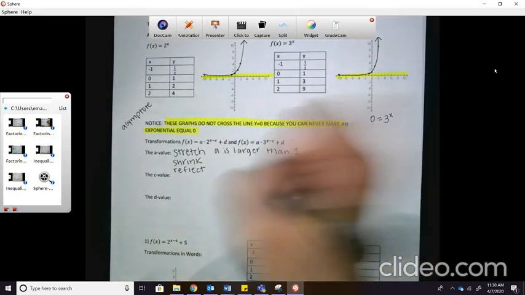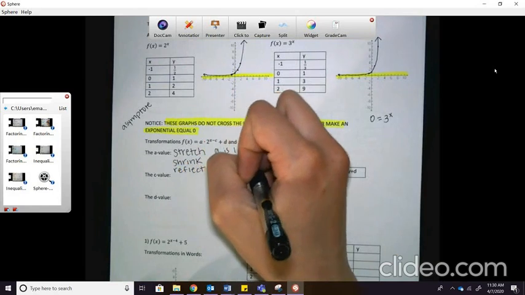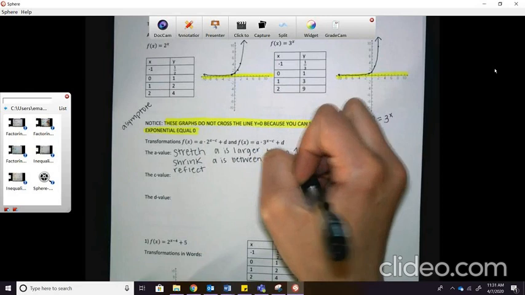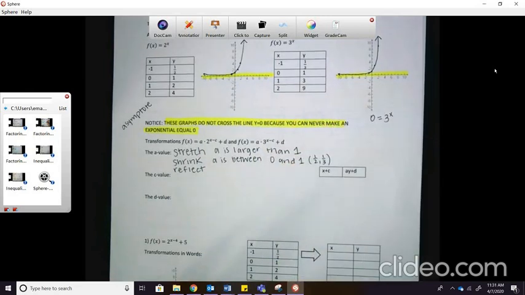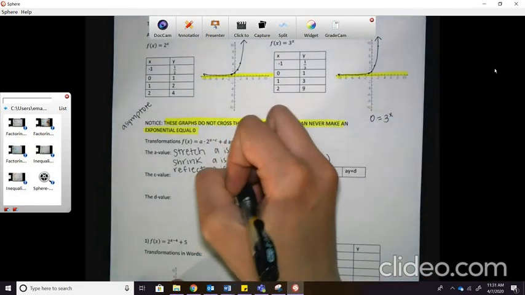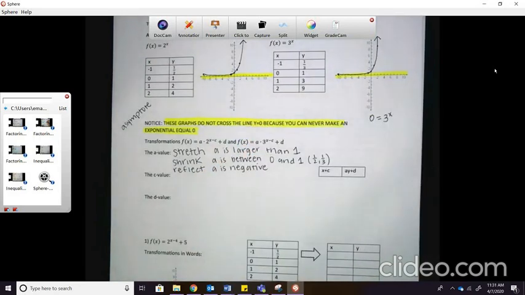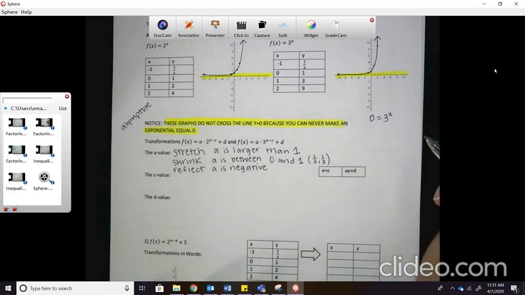It's going to shrink it if a is between 0 and 1, so that's like 1/2, 1/3, 1/4, etc. And it's going to reflect if a is negative. If you remember, the a values all affect y.